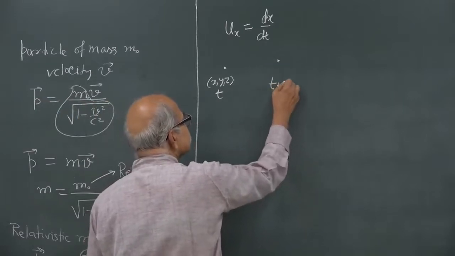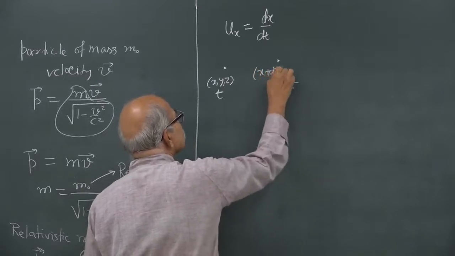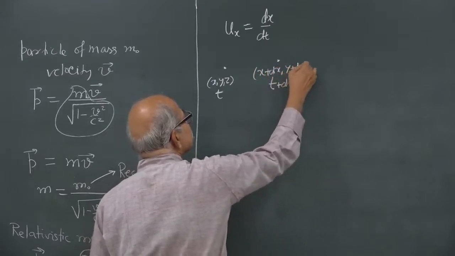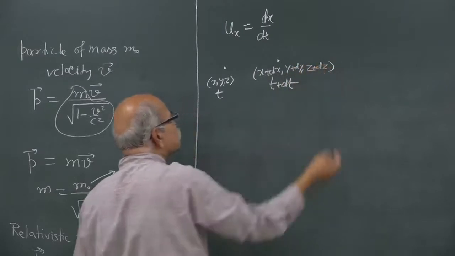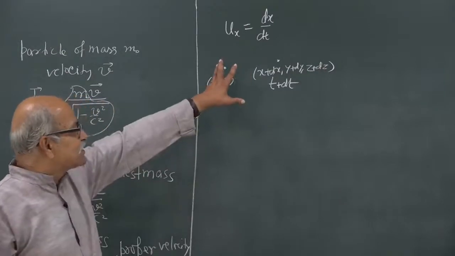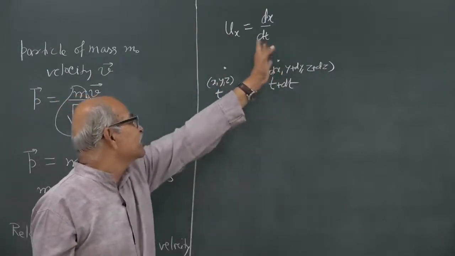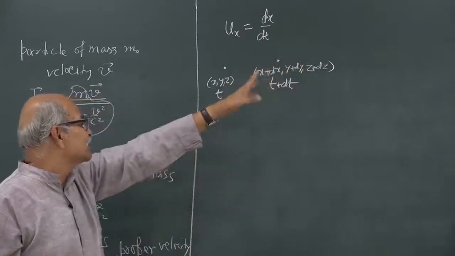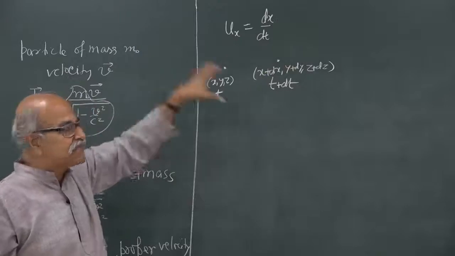So, this is t plus dt time and the particle is at x plus dx, y plus dy, and then z plus dz. Proper calculus language should be used. We can write this some delta x and then delta x tending to 0, etc. But essentially this is what the physics is.